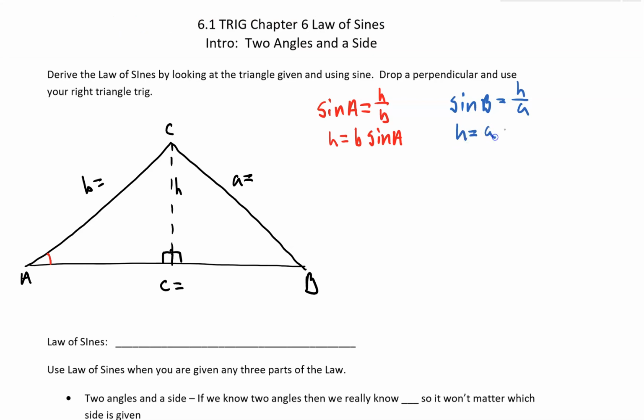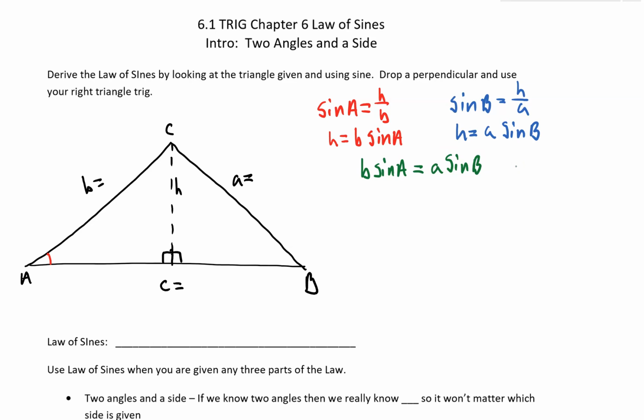H is equal to A sine B. And now, since both of those have an H involved, I'm going to set each one equal to the other. So B sine A is equal to A sine B.